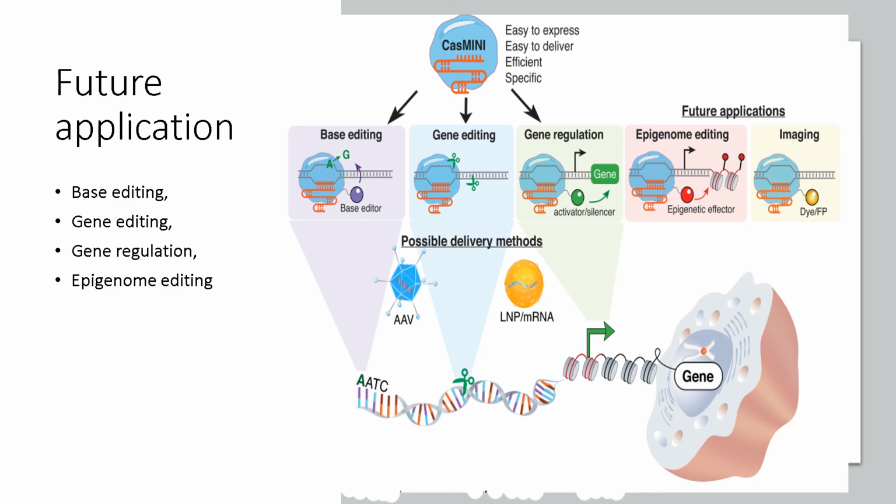Cas-mini may have different gene editing or gene regulation features compared to Cas9 or Cas12a. The principles for designing efficient single guide RNAs at different chromatin regions for gene activation or gene editing remain unknown but need to be clarified.